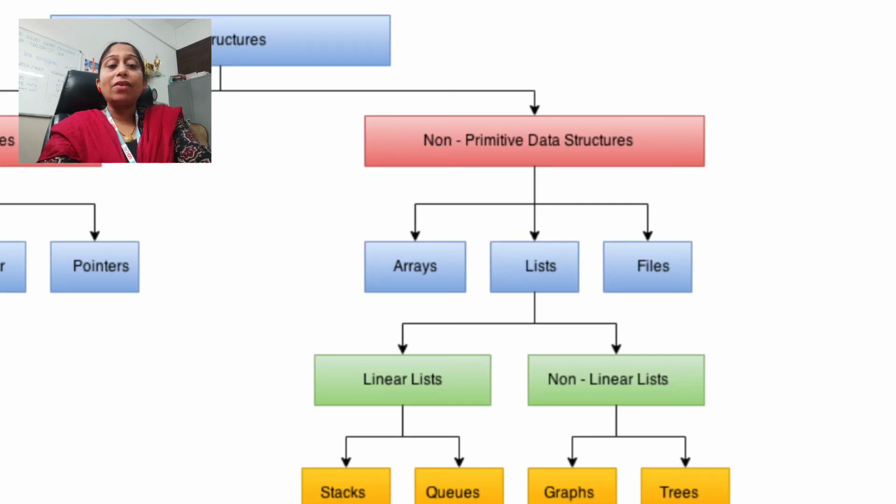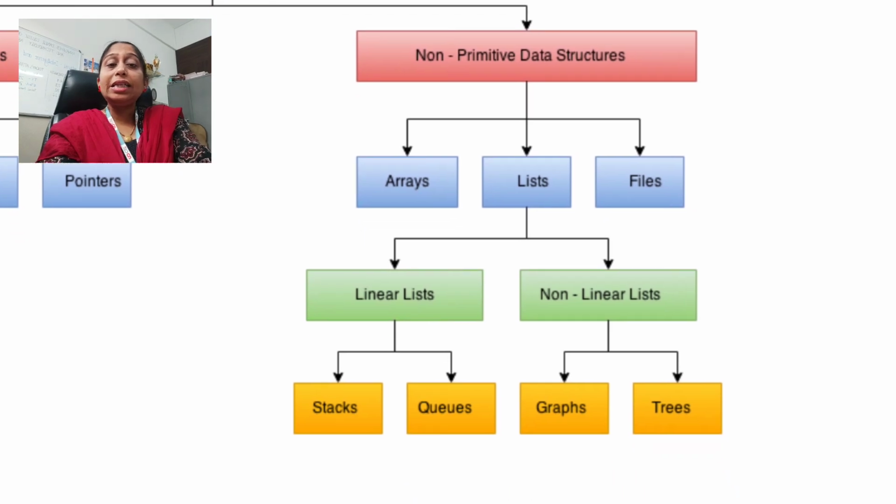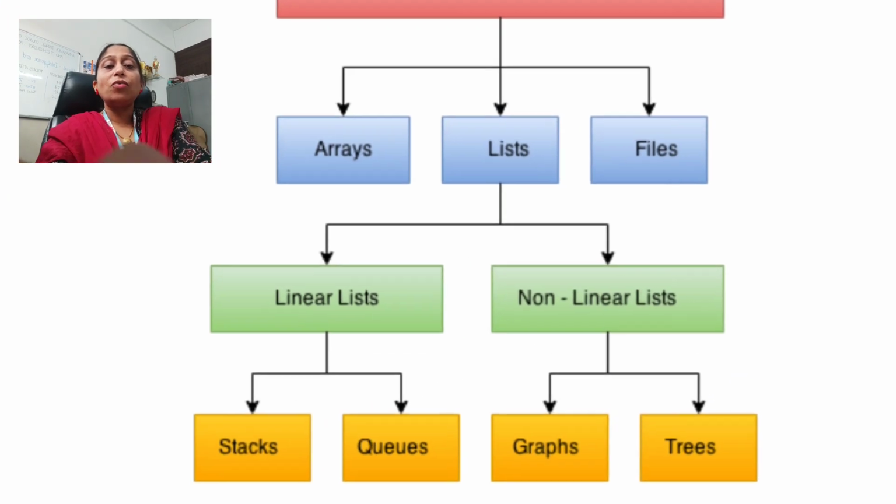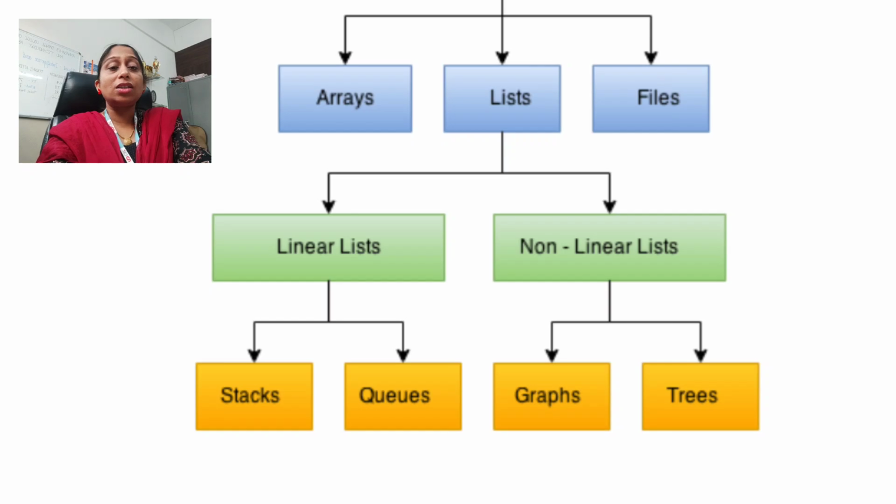The list is again divided into two types: one is a linear list and the other is a non-linear list. Sometimes it may be asked what the difference is between linear data structures and non-linear data structures.